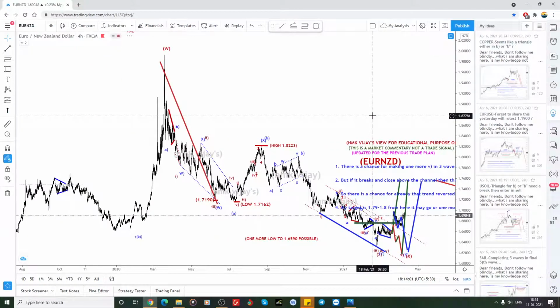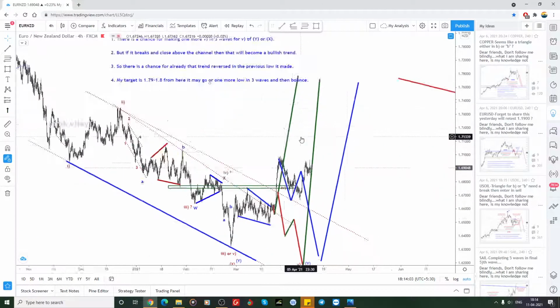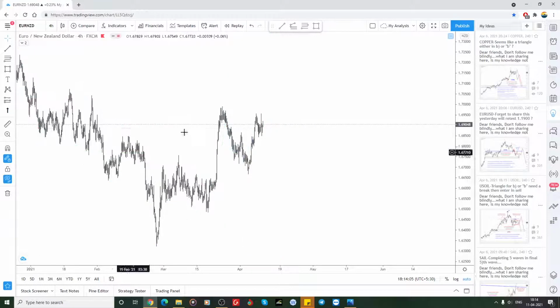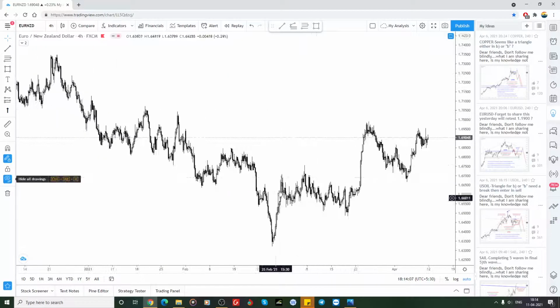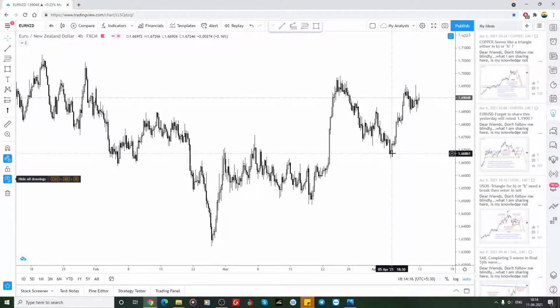I have explained that also, so no need to repeat the same thing again and again. So now ABC is completed, whether it is a WX ABC or it could be ABC. So one more ABC is completed and it looks like a 1 2 3 4 5 wave structure here.